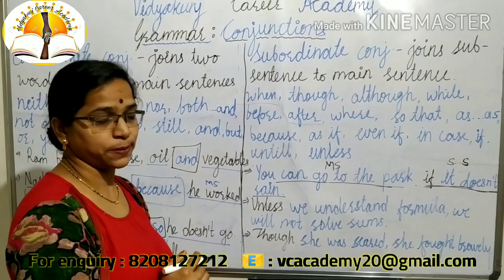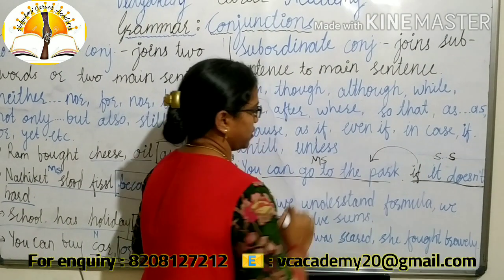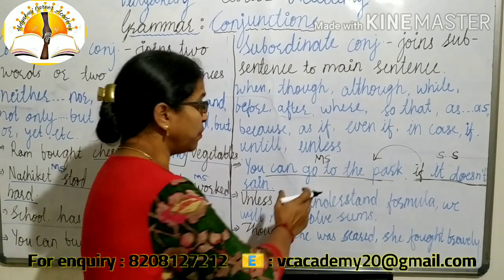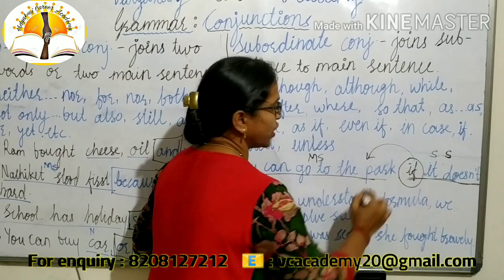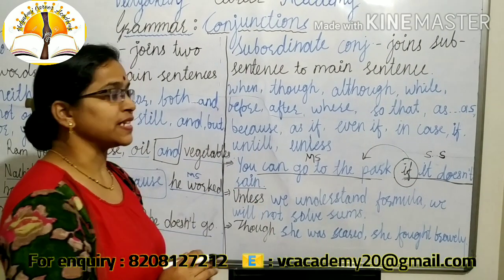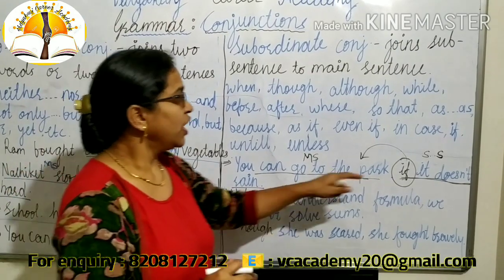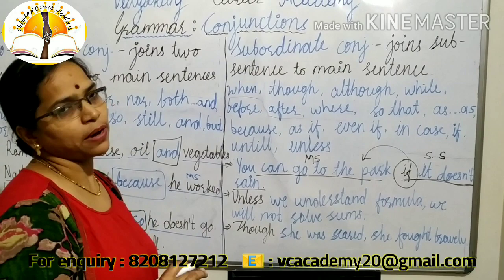So this sentence depends on the main one. The main sentence and the subordinate sentence are joined with the help of if. This sentence explains the condition. If it doesn't rain, you can go to the park.